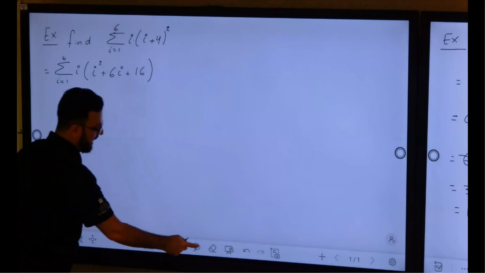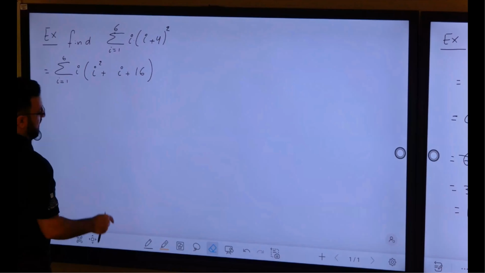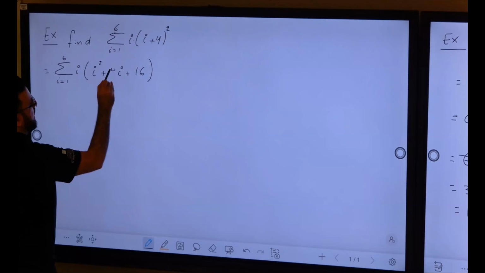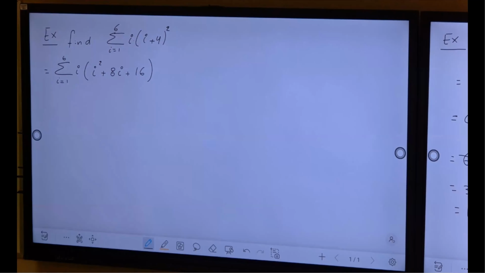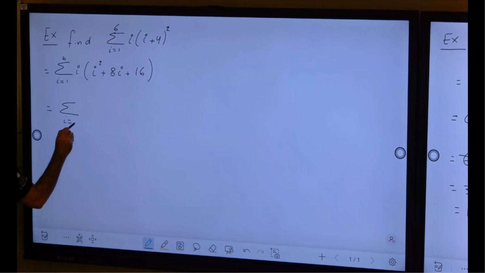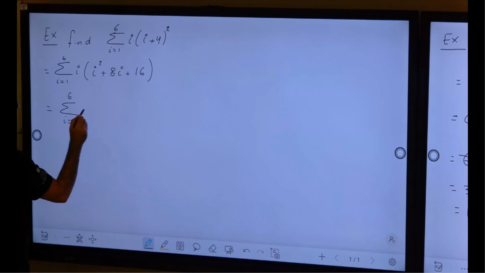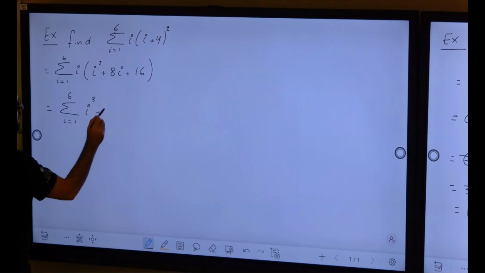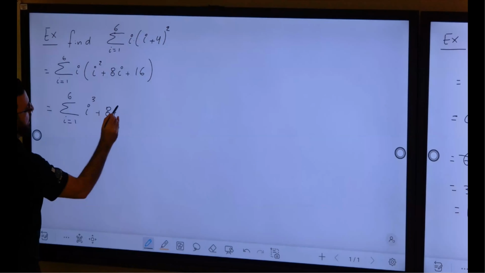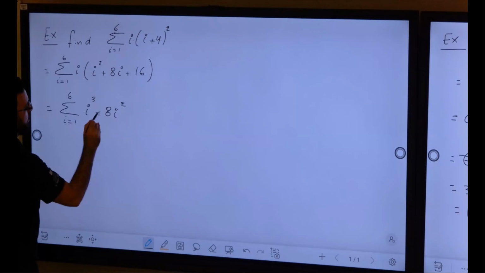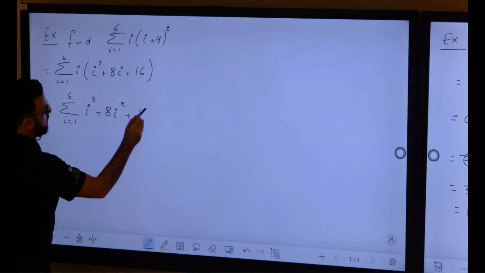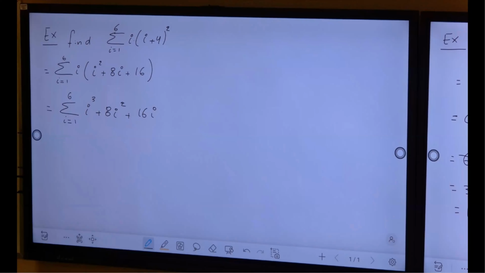So it's 8i plus 16. Now what's the next step? Distribute the i. So here is the next step. I'm going to say it's the summation from 1 to 6 of i times i, which is i cubed, plus 8i squared, plus 16i. Now tell me what's the next step?